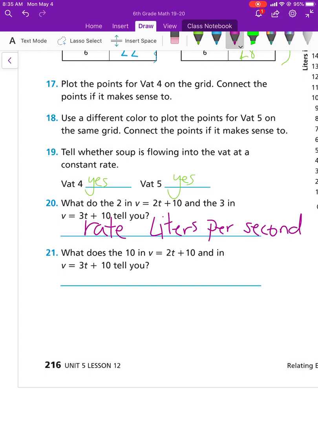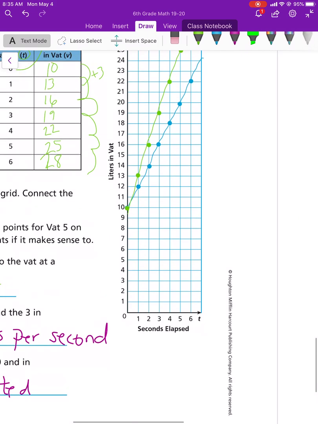Because that's what a rate is, right? And then what does the 10 tell you? The 10 tells you where it started. And if we look, that is where they both started, right at 10, right?